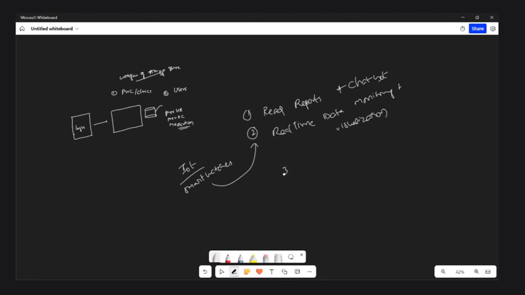The third point is that we will have a feedback mechanism, like user experience and doctor experience, and we will improve according to their suggestions. The fourth one is time series forecasting.